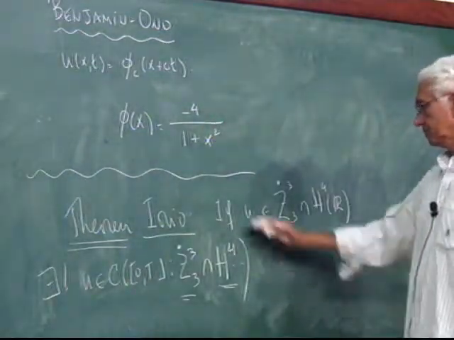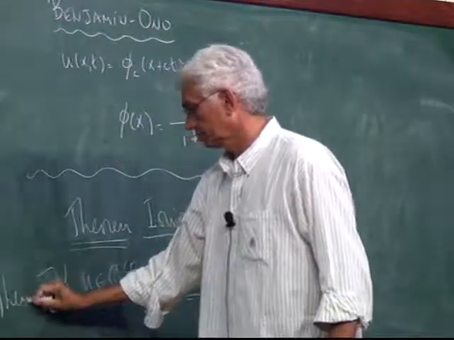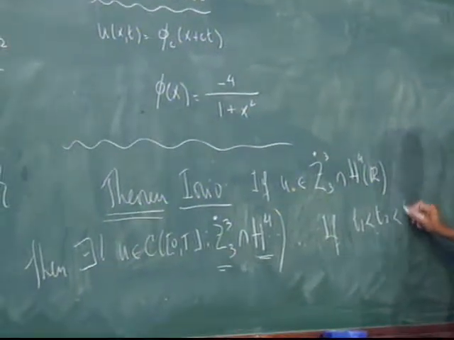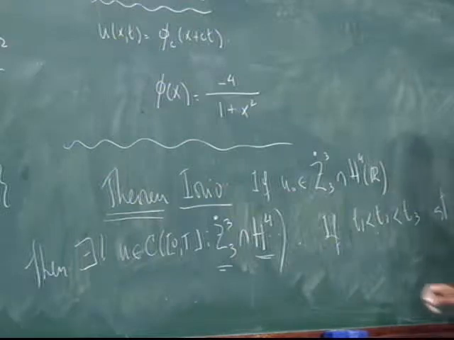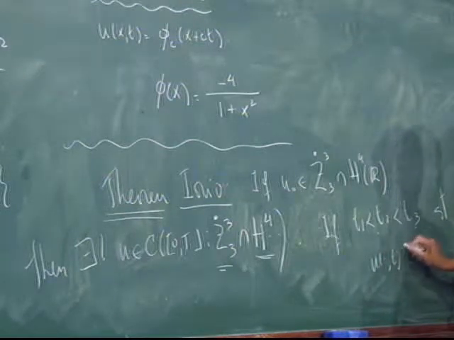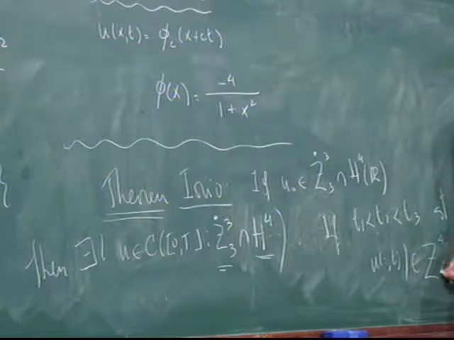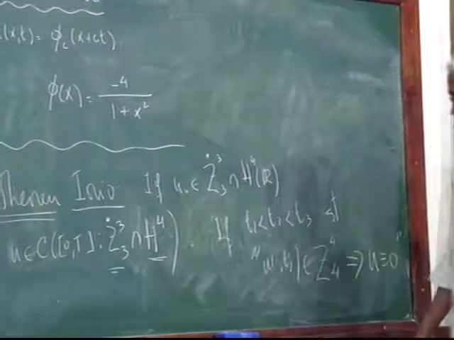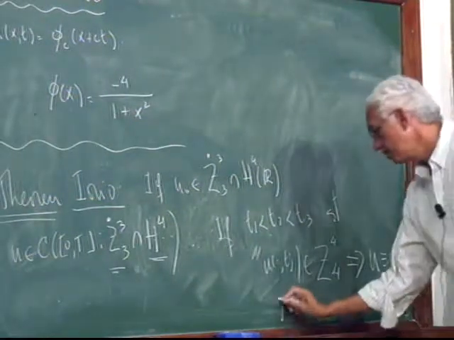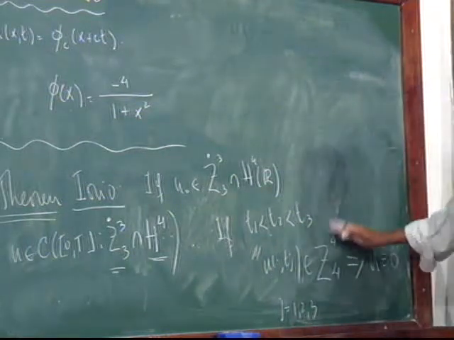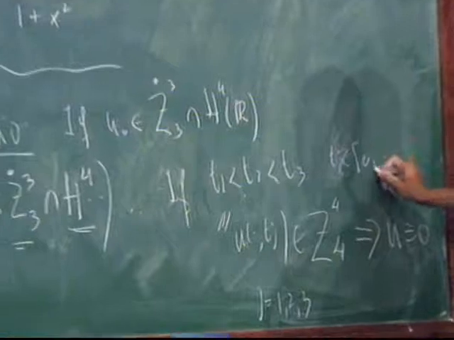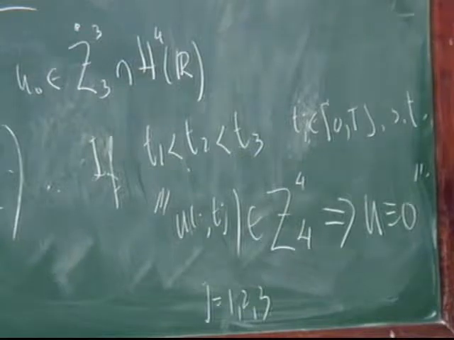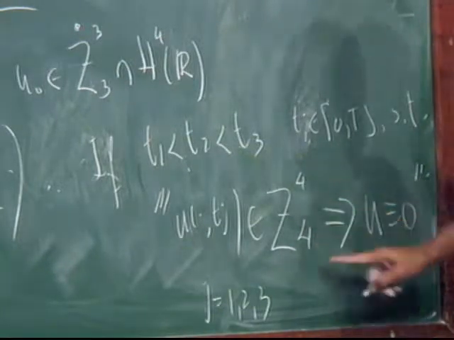If you have 3 times such that at these 3 times you belong to 4, 4, you are 0, then it's forbidden.